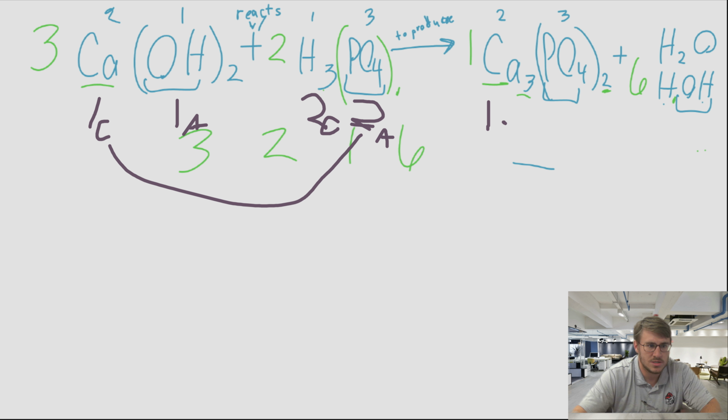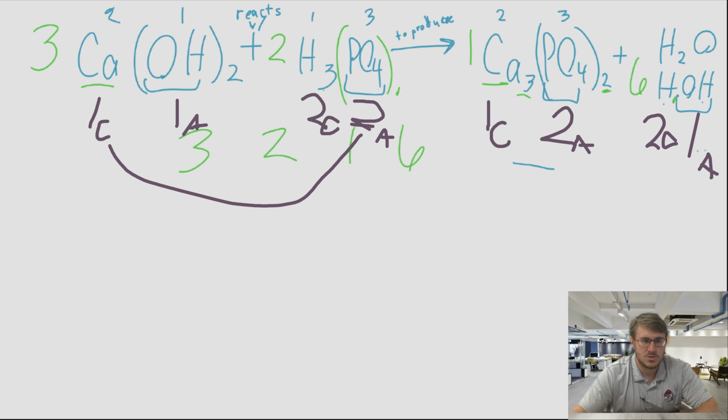So 1C got with 2A, and 2C got with 1A. See how that works? 1, 1, and 2, 2 swaps. 1C and 2A swap to each other, and 2C and 1A. So basically 1 with 1, and they swap partners.